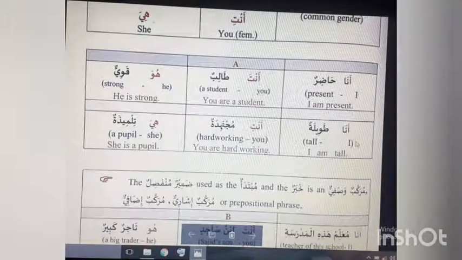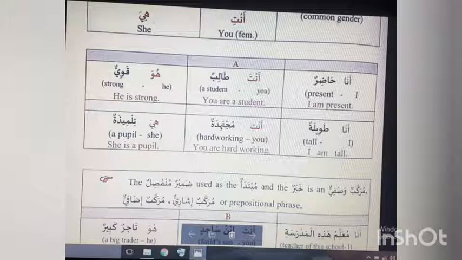The first sentence here is ana hazirun. Ana hazirun. I am present. So ana here is a pronoun. But which kind of pronoun? Detached pronoun. Detached means when the pronoun is not attached to any noun or preposition, so it is then a detached pronoun.